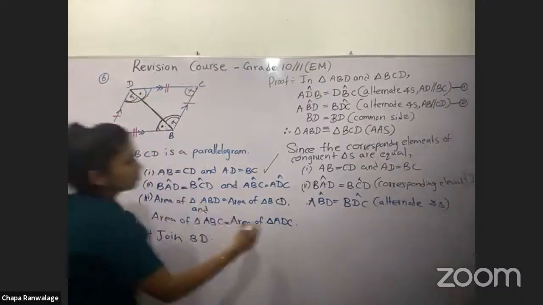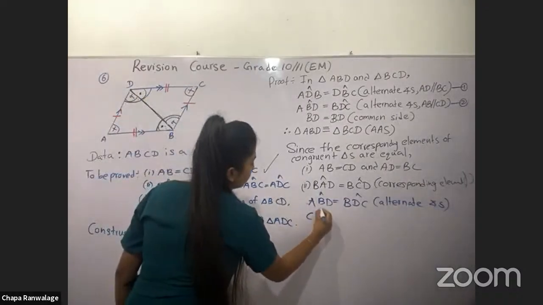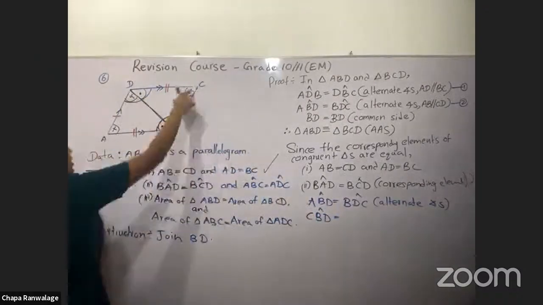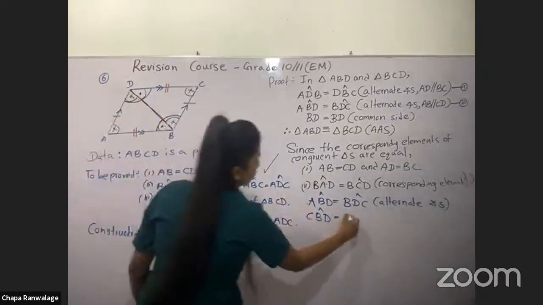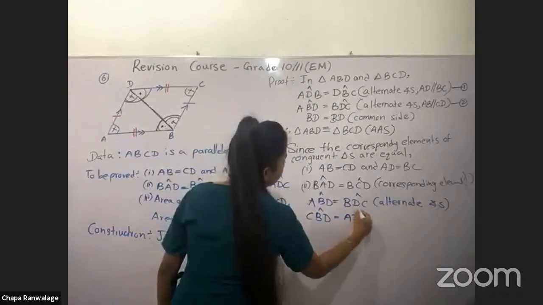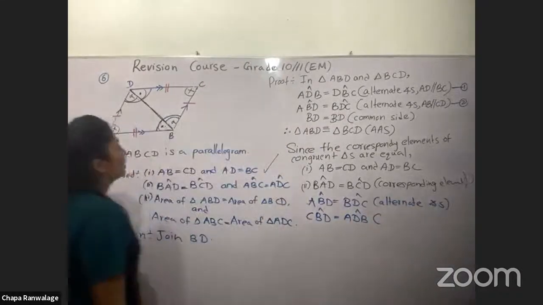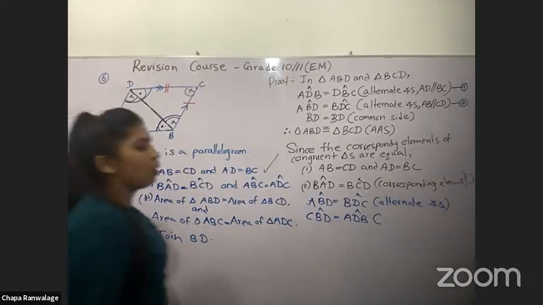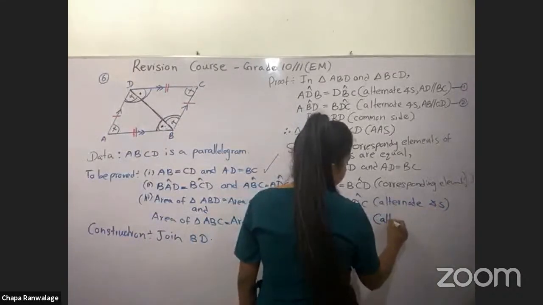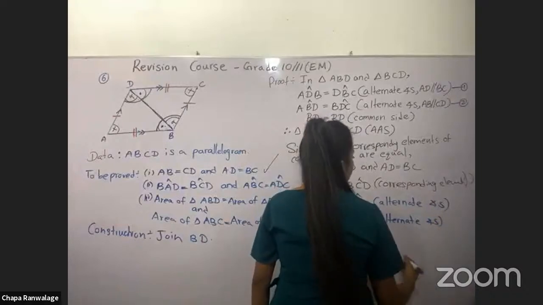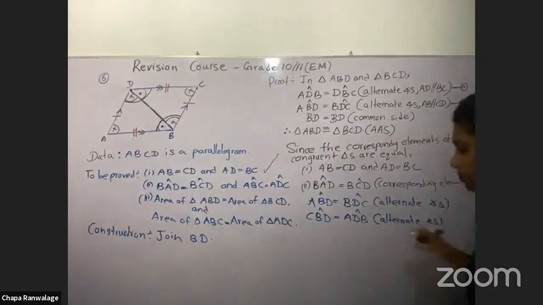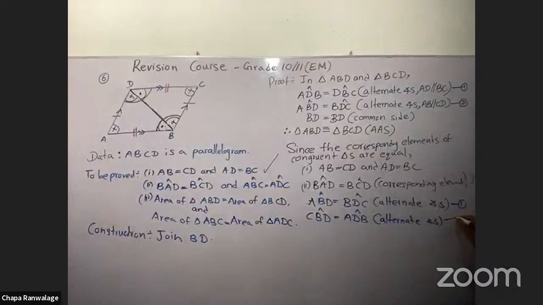CBD is equal to ADB. Correct? Alternate angle. Now let's add them. First one and second one.